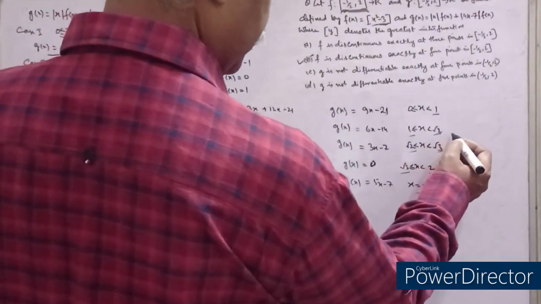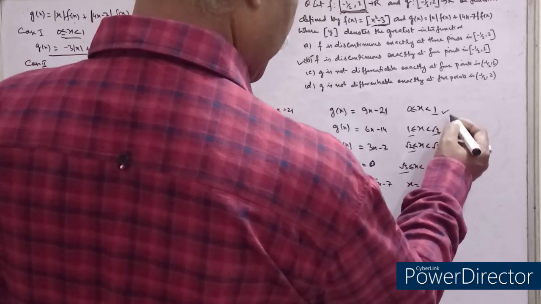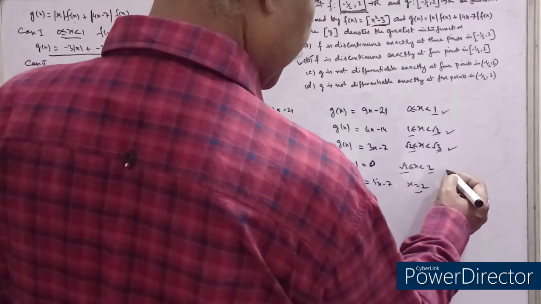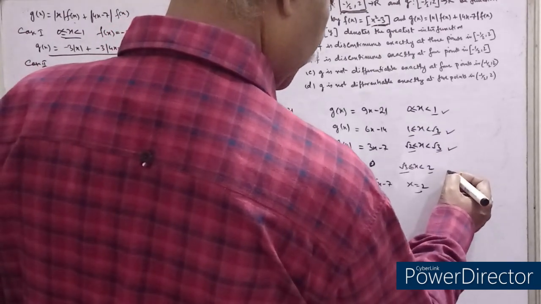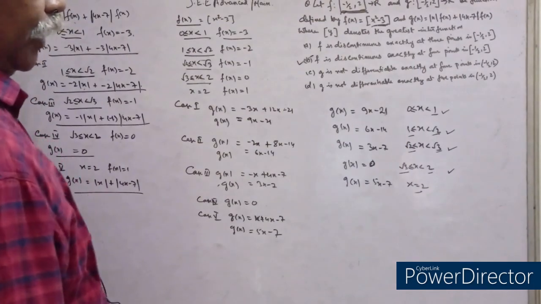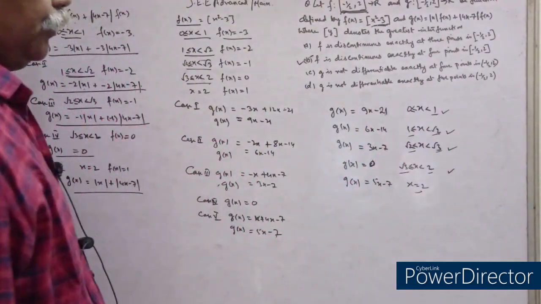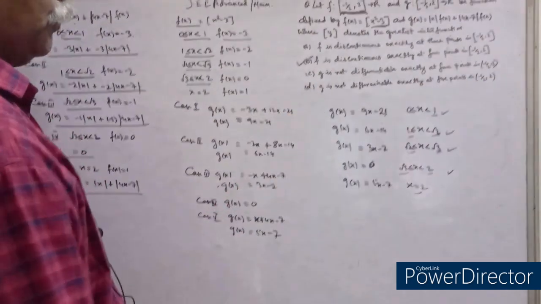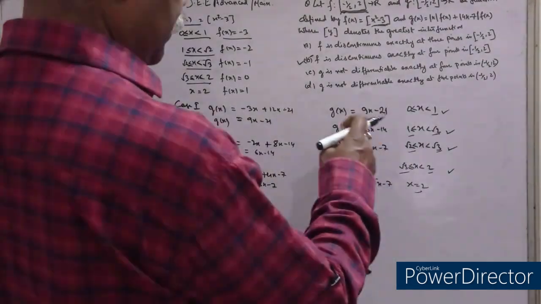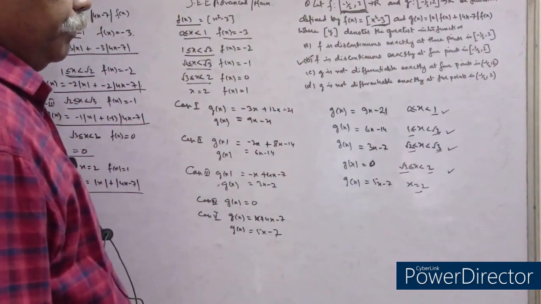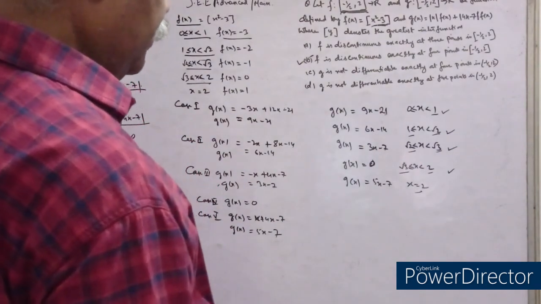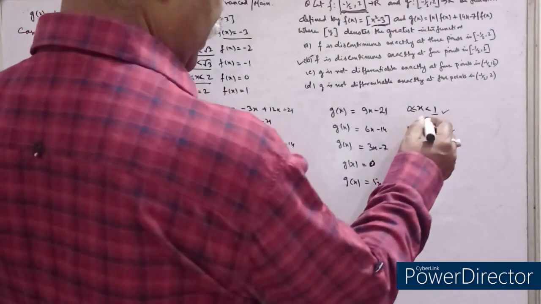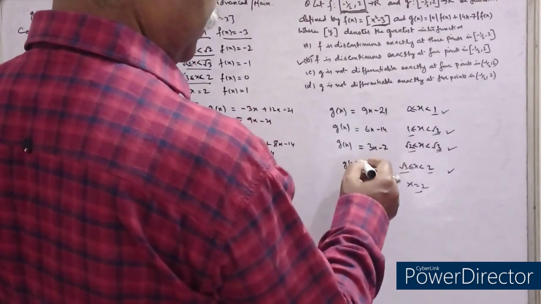This means the testing points are 1, root 2, root 3 and 2. See, there are 4 testing points to check the continuity of the function g(x). These are the 4 points to check the continuity of g(x). So from this we can see there are 2 functions.